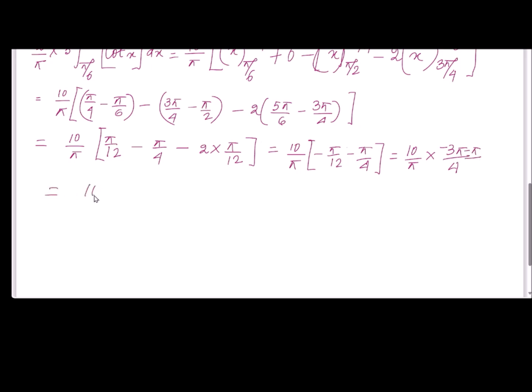This equals to 10 by pi into 4 pi by, very sorry, it will be 12. Minus 1 minus 3 minus 4 by 12, there will be pi by 3.